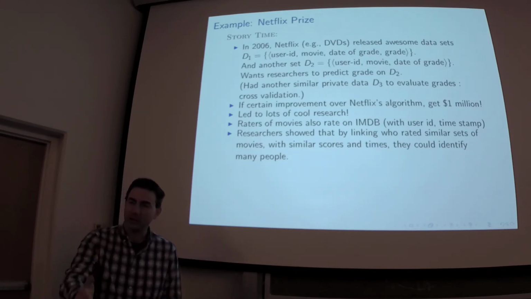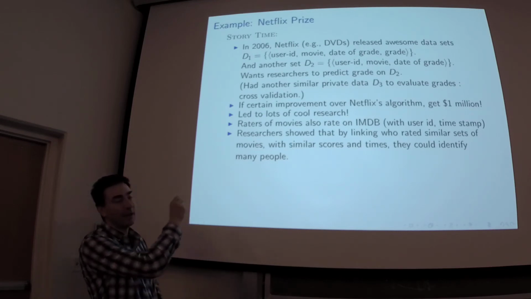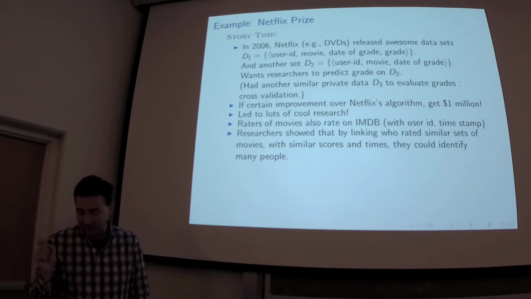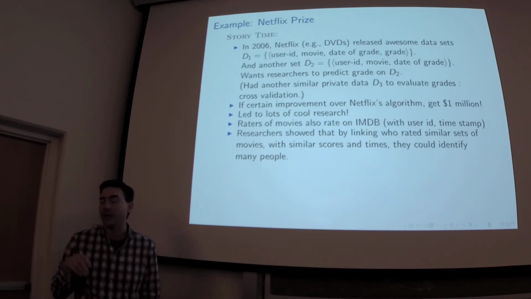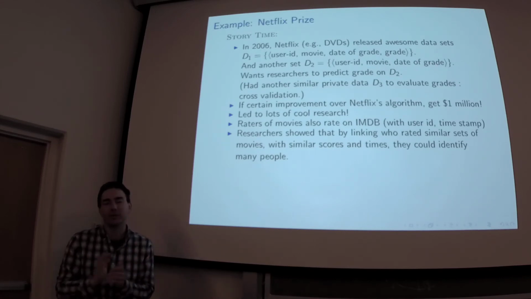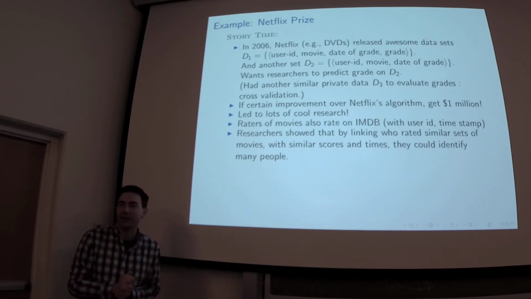If you watch these movies, you post the review on IMDb and Netflix probably around the same time. And they were pretty successful at identifying people. They said, we think we can, with very high accuracy, identify a lot of the people in the Netflix data set.